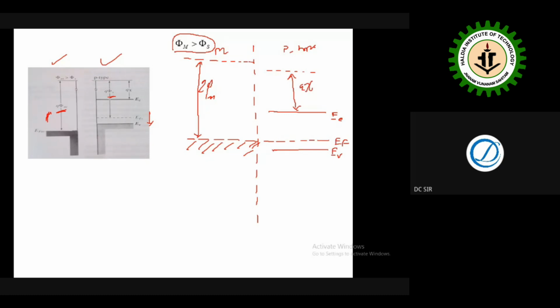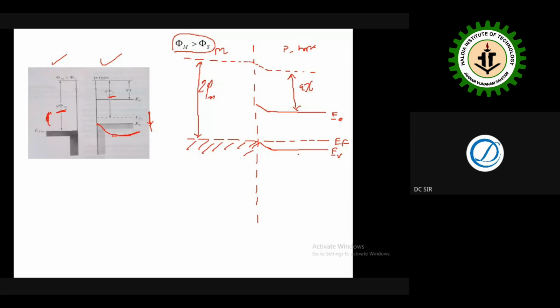So in this case, the energy band is bent this side. This is downwards, this is upwards. So it is fixed. If it is downwards, that means it is bent. So at the junction, this is the bend.